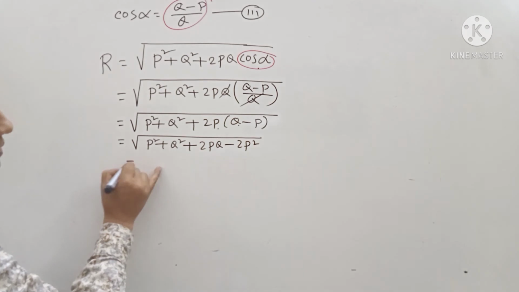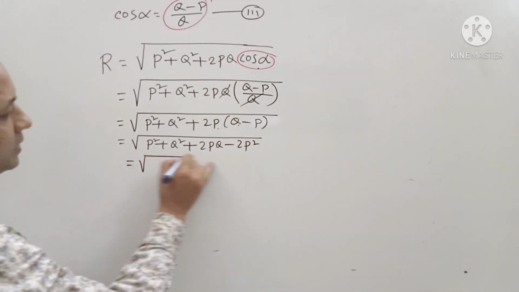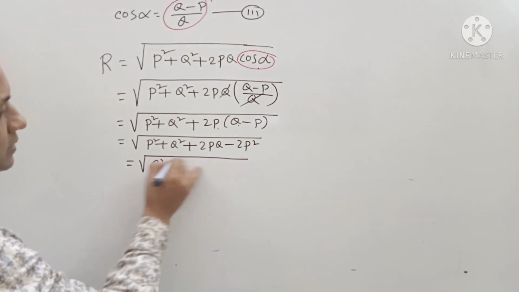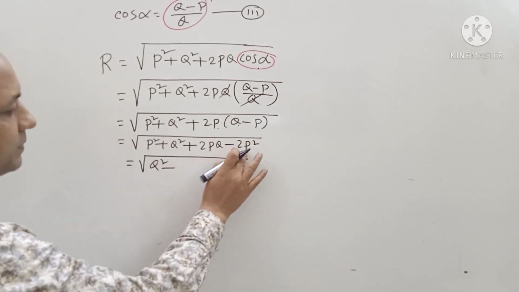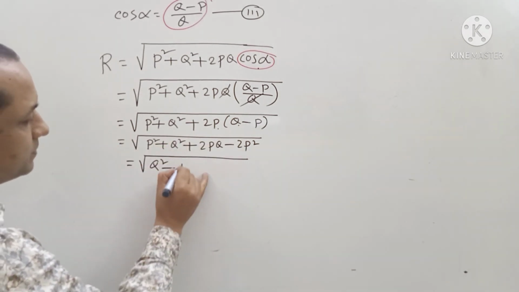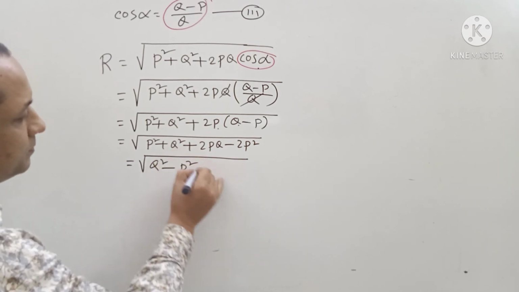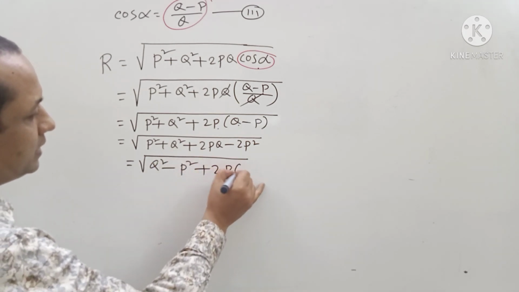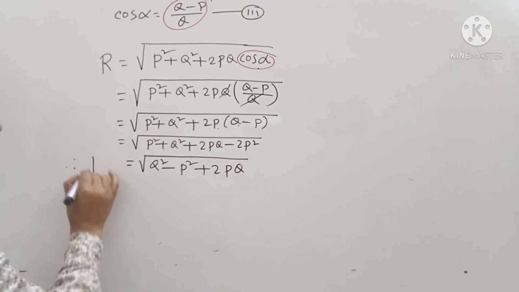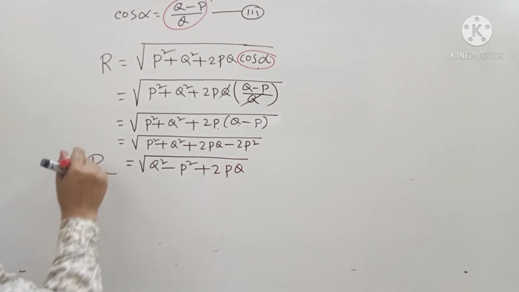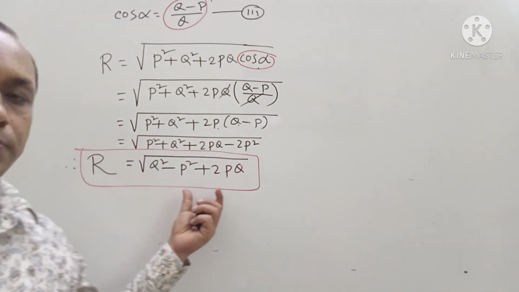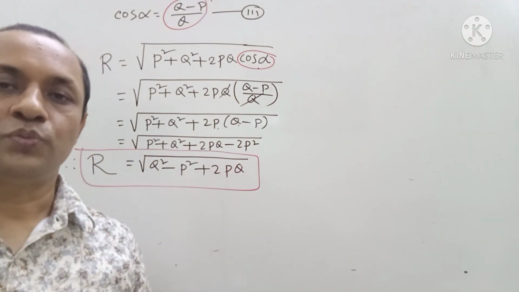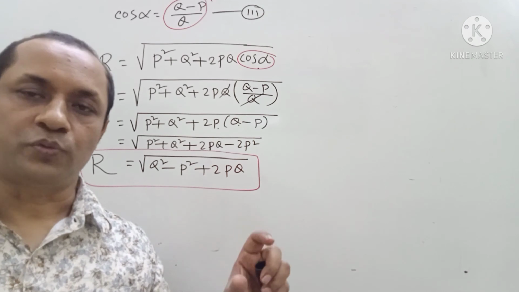So root over Q square minus P square plus 2PQ. So the magnitude of the resultant force R equals root over Q square minus P square plus 2PQ, hence proved.